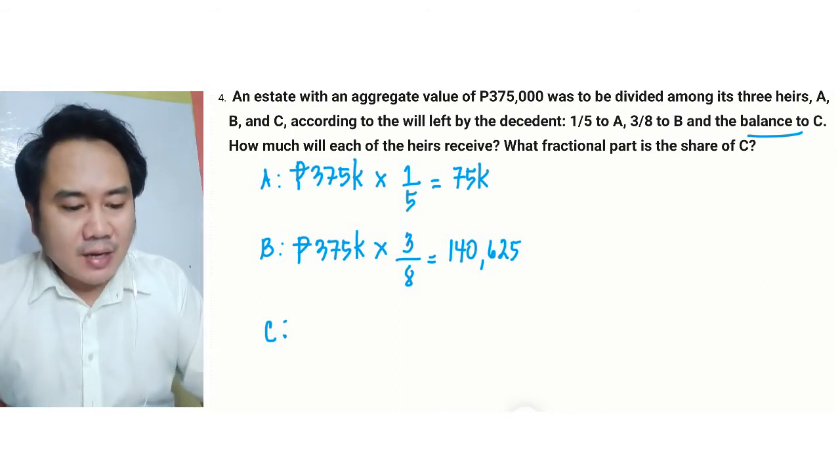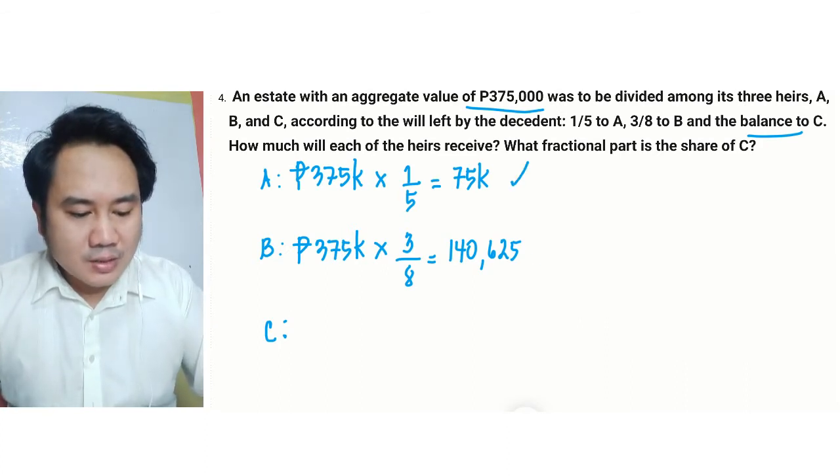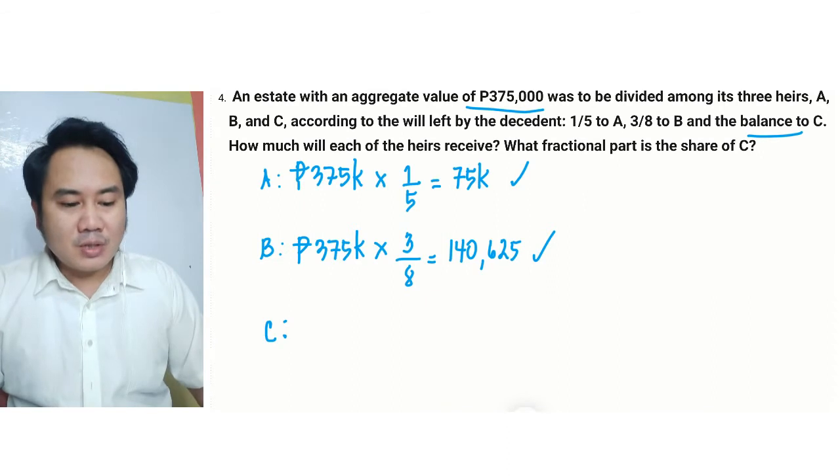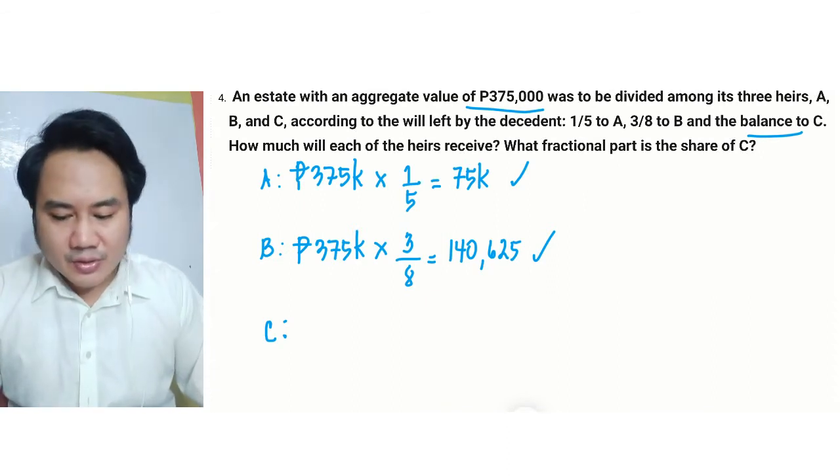The aggregate value is 375,000. So, yung kulang sa dalawang to, yun ang kay C. So, to do that, we have to add these two first.